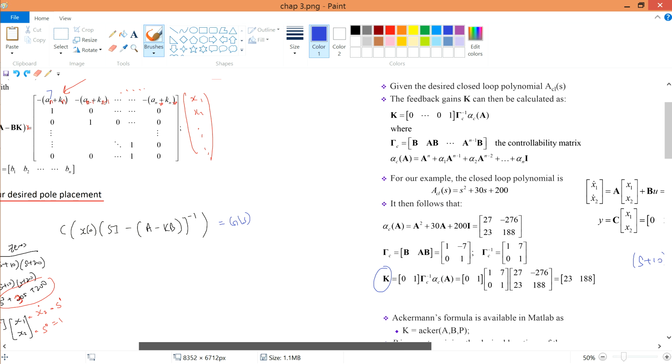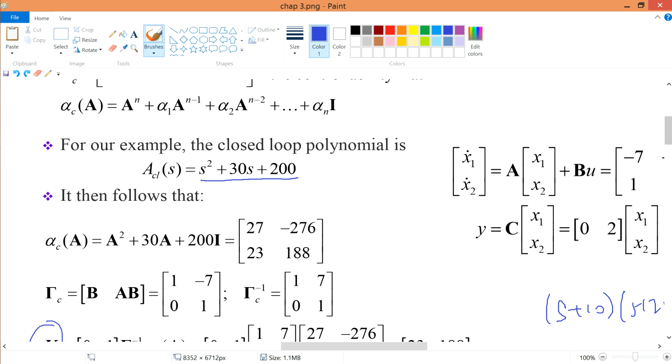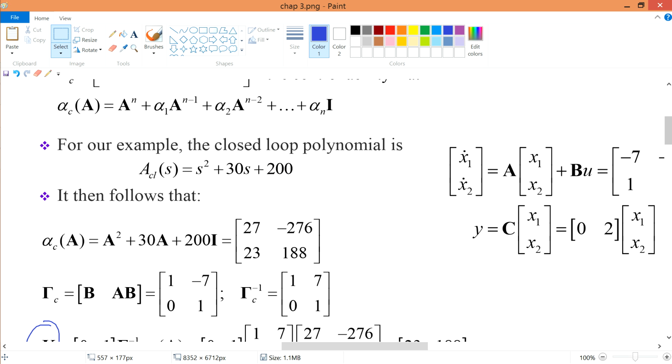So our purpose now, we have chosen our closed loop poles already. We have set already. We are off to go. Once you choose your closed loop system, instead of s, you write it as A. Your s squared will change to A squared, your s will change to A, while your 200 will just be written as an identity matrix. Let me write down the step by step.